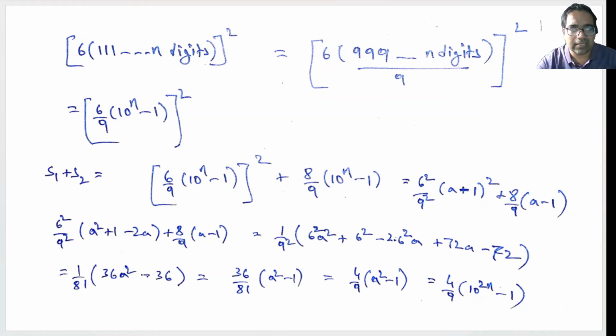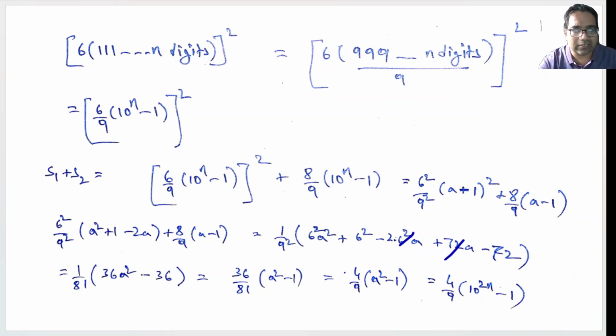This 6 square minus this 72 is minus 36. This 2 into 6 square a, 2 into 36, is minus 72a, and this 72, these two will cancel. And this minus this is minus 36. So we are left with 36a square minus 36. That is 36 into a square minus 1.